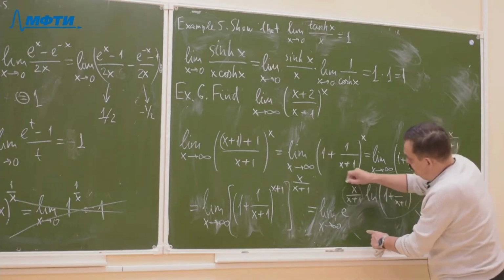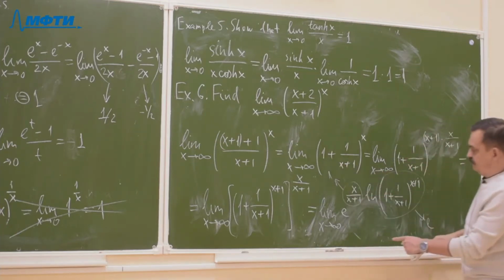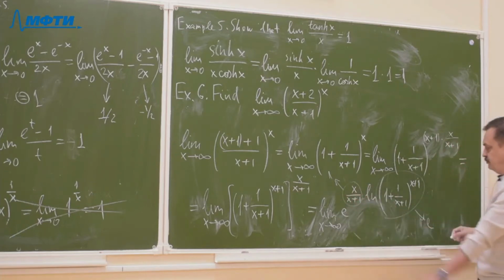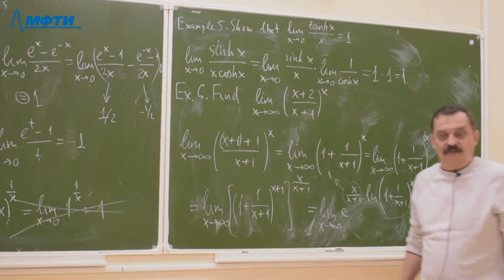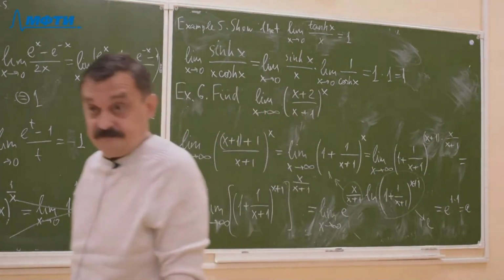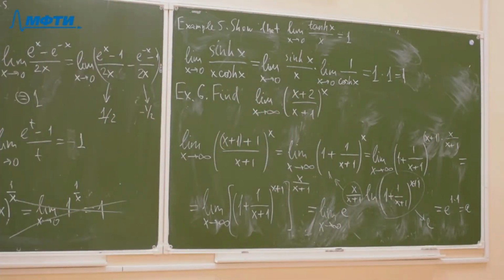That fraction tends to 1, and the exponent is also continuous, so we have e to the power 1 times 1. That is the correct writing. Otherwise, you will make many mistakes in such a way.